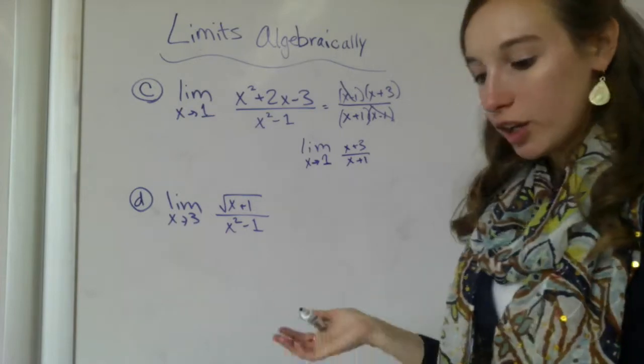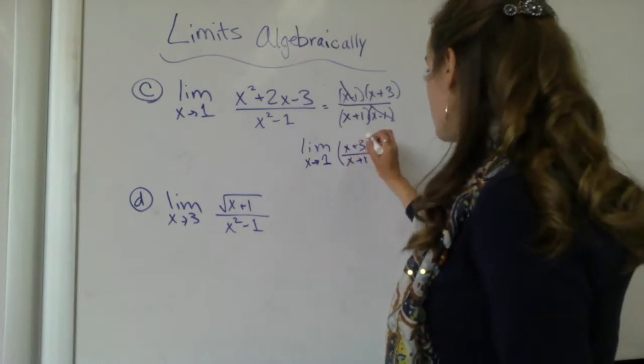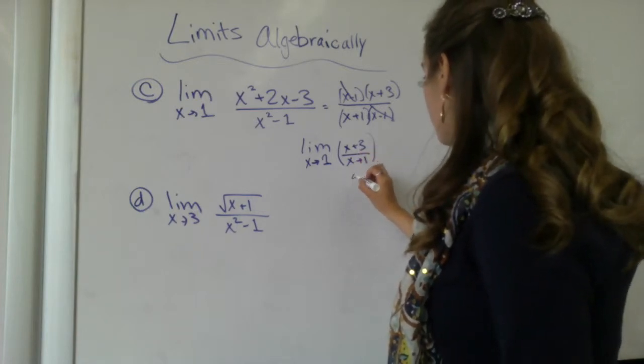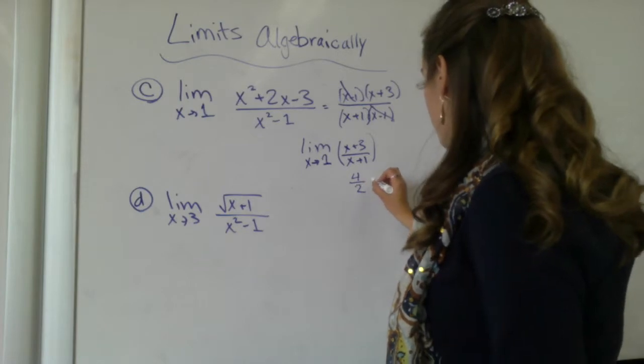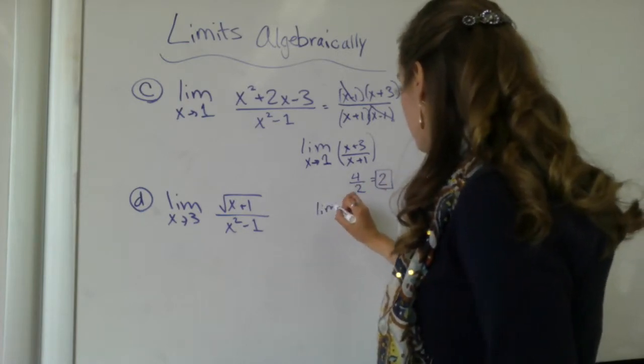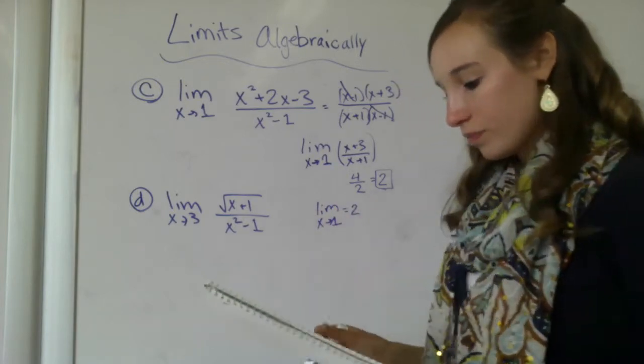So at this point, you can just plug in your limit, because your limit as x approaches 1 of this equation, you get 4 over 2, or 2. So the limit as x approaches 1 equals 2 of your equation.